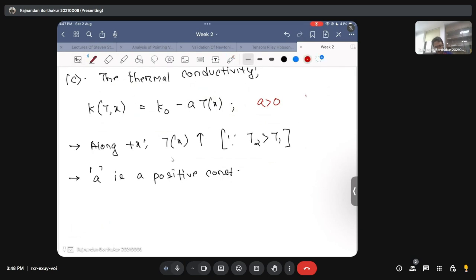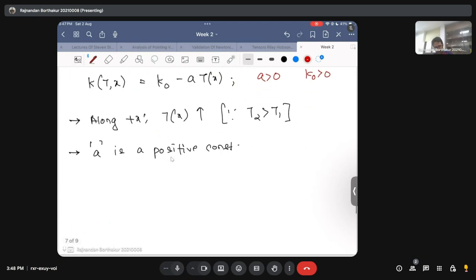And I'm assuming that k naught is also a constant, so when I move along the plus x direction, my thermal conductivity should decrease with x. Okay, so my k of x will decrease when x increases.